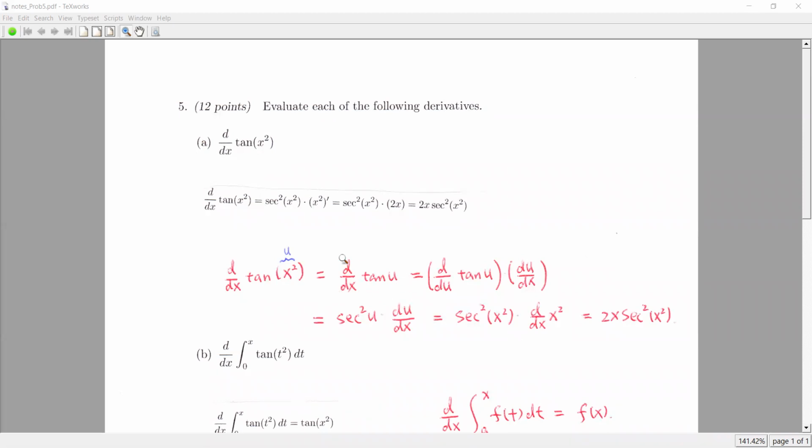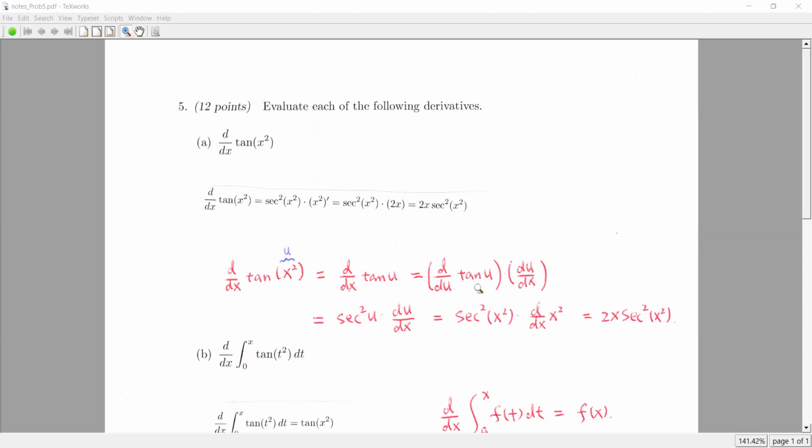To compute this derivative, I use the chain rule. Insert du to the denominator and du to the numerator. Then this derivative is the product of these two derivatives.